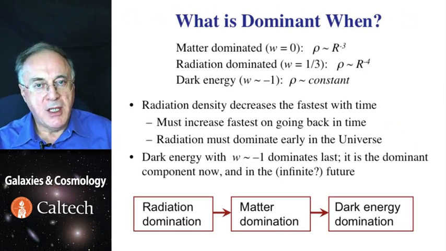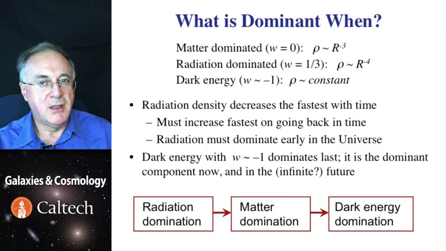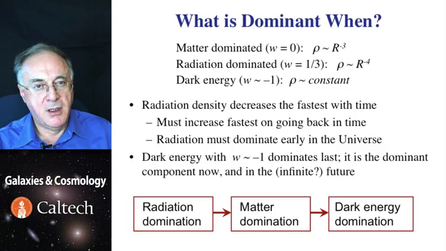So let's recap again. Which component of the universe dominates its dynamics at what time? Since the fastest declining one is more important at the earlier times, and that would be radiation, early on, the universe must be dominated by radiation. Sooner or later, the energy of radiation drops below that of matter, and then it becomes matter-dominated.